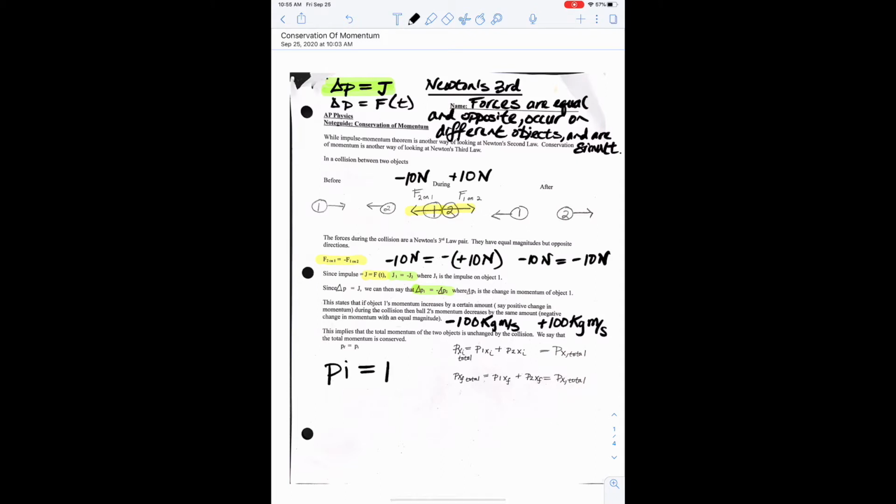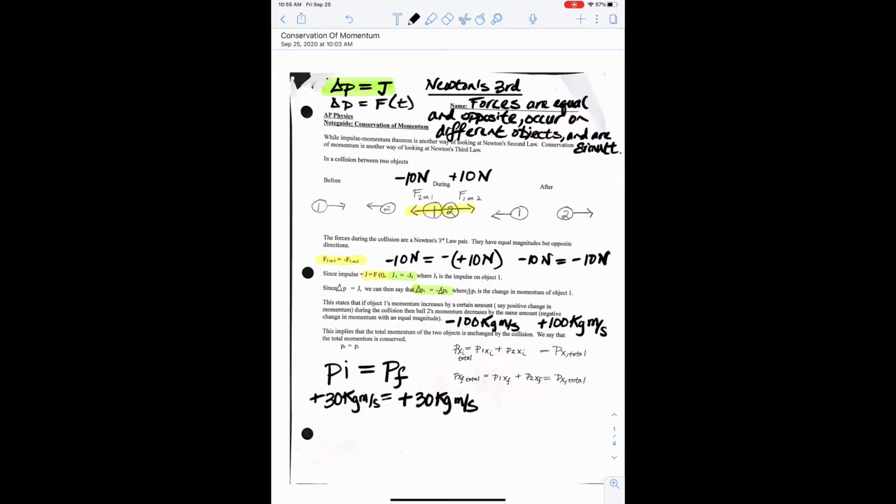But what I'm trying to say is, if the initial momentum is, say, positive 30 kilogram meters per second for both objects together, meaning both objects have some momentum, but the object moving right is contributing more, then the final momentum, if the forces are equal and opposite, will be positive 30 kilogram meters per second.